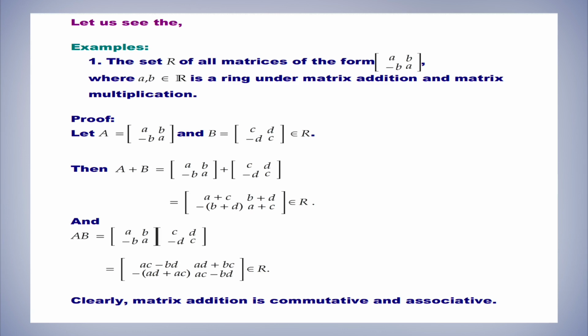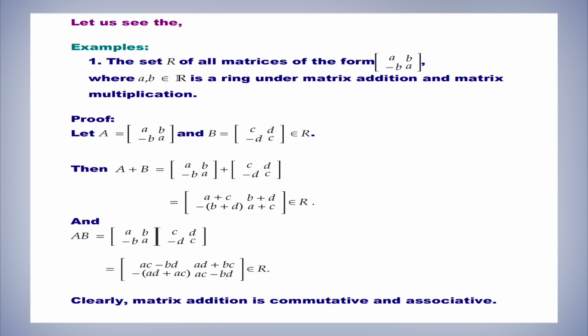Let A be the 2 by 2 matrix [a b; -b a] and B the 2 by 2 matrix [c d; -d c] in R. Then A plus B is equal to [a b; -b a] plus [c d; -d c], which is equal to [a+c b+d; -(b+d) a+c], in R.